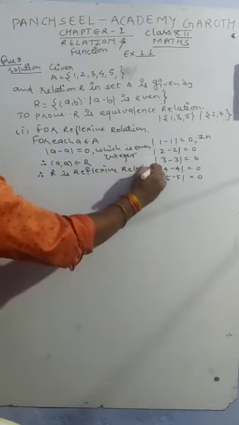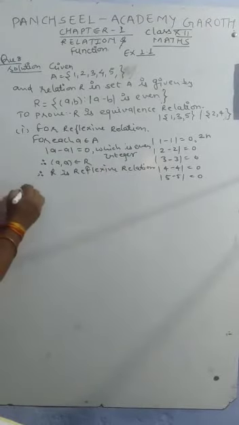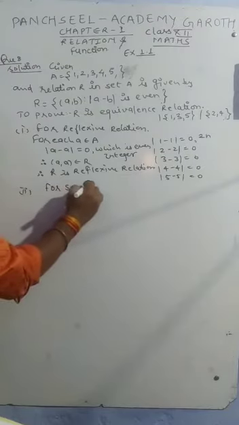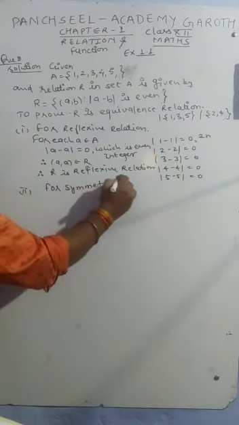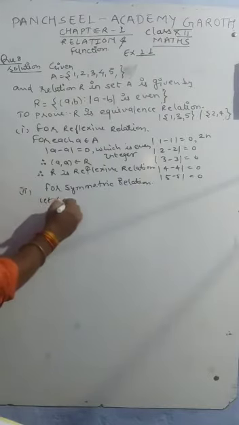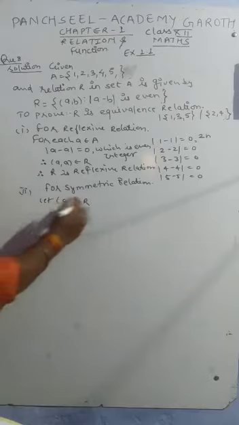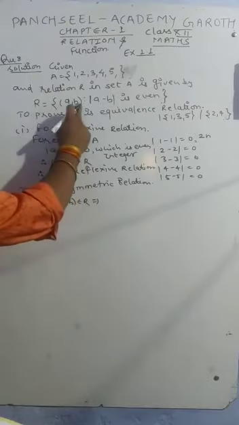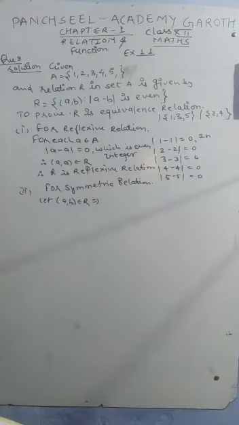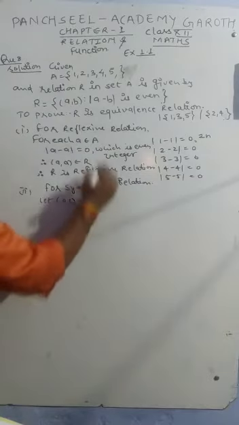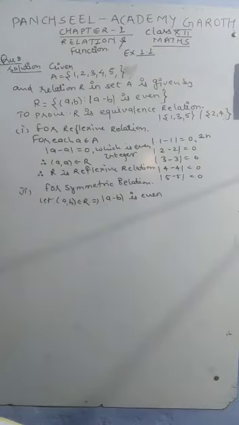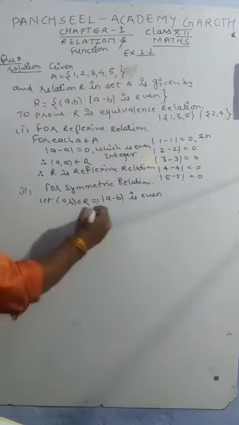Therefore, R is reflexive relation. Second, for the symmetric relation, let (A, B) belong to R. This implies that if the ordered pair (A, B) is in R, then the modulus of A minus B is even.